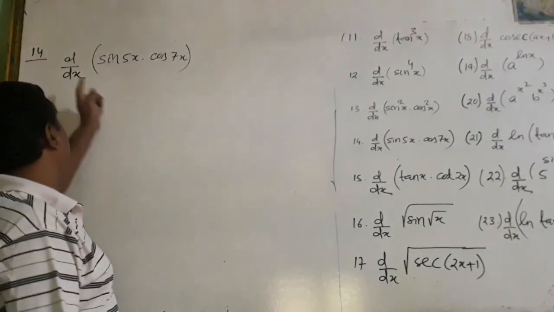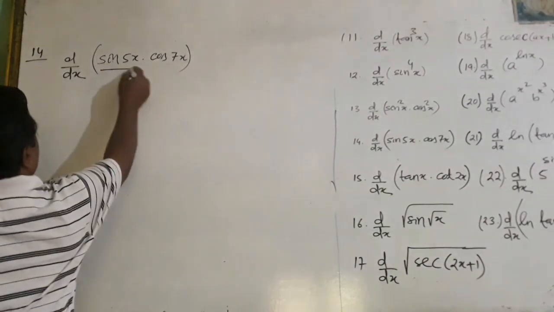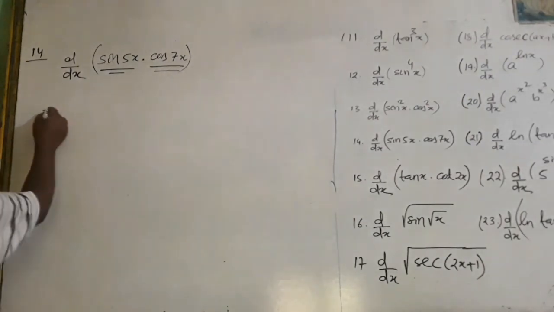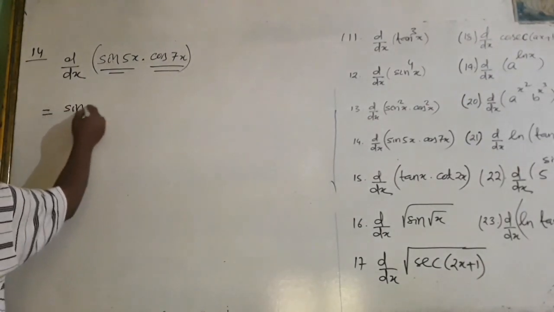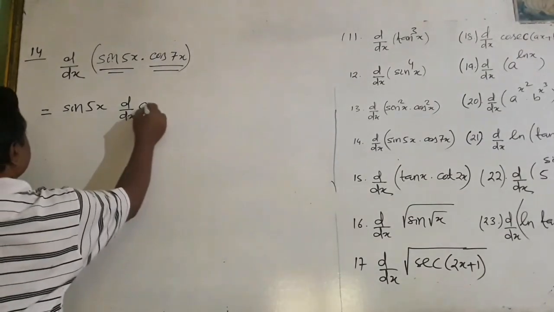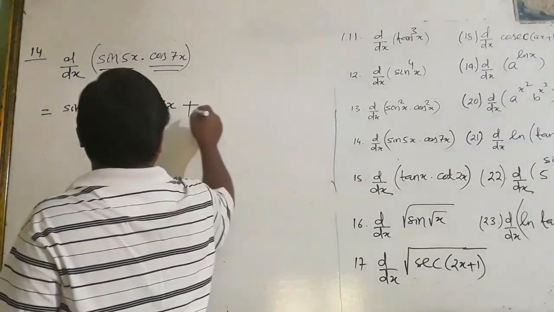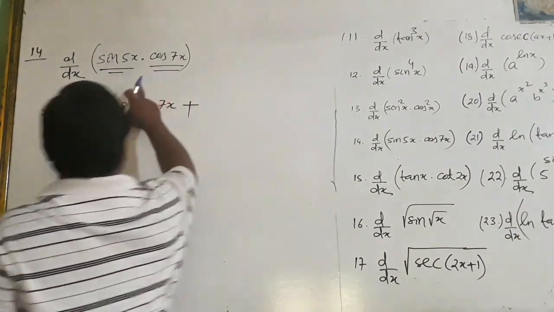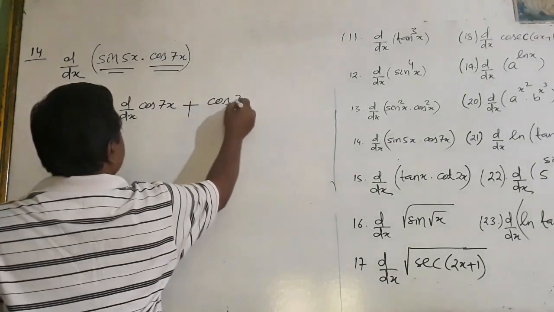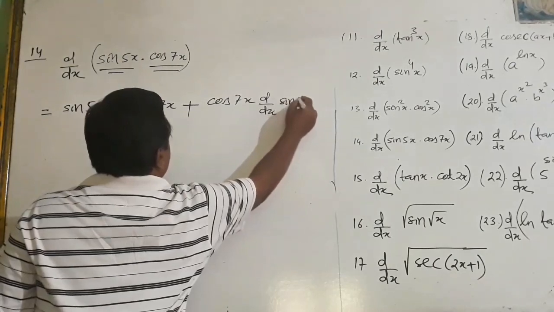Now in number 14, this part is u and this part is v, product rule. Then what you will do? You put sin 5x here, take d by dx of cos 7x, plus you take cos 7x outside into d by dx of sin 5x.